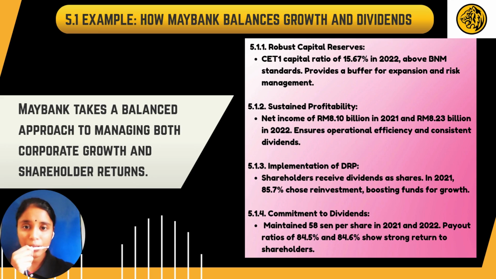Next, an example of how Maybank balances growth and dividends. Maybank takes a balanced approach to managing both corporate growth and shareholders' returns. Number one, robust capital reserves. CET1 capital ratios of 15.67% in 2022, above BNM standards, provide a buffer for expansion and risk management.